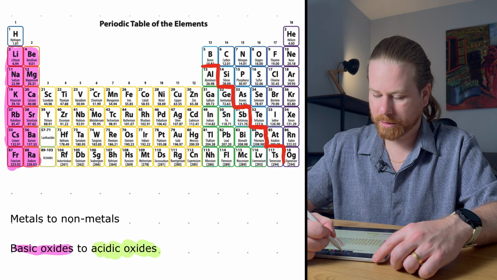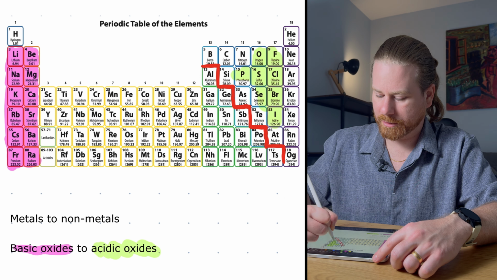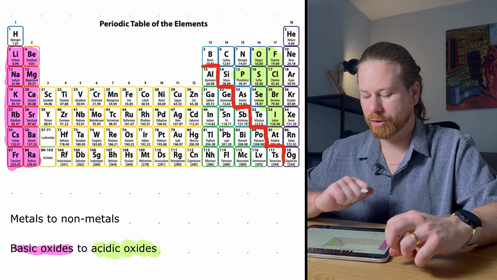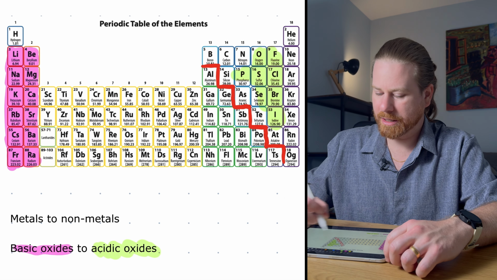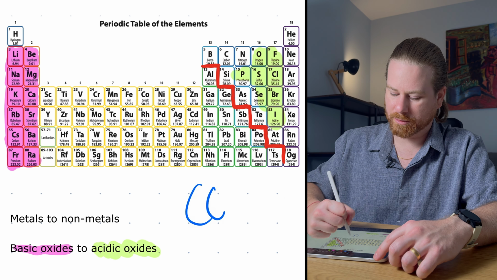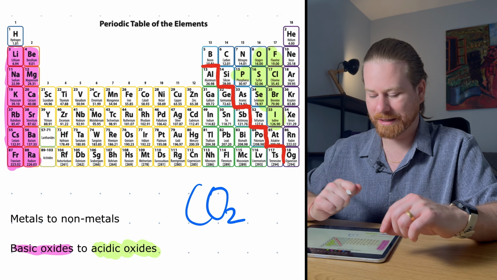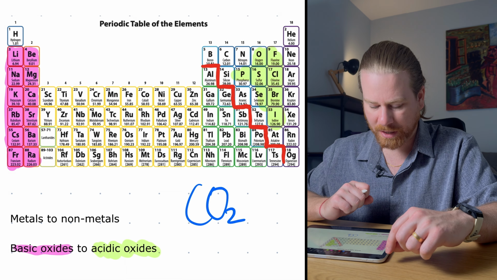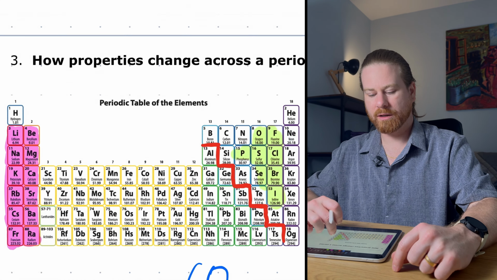Let's try again. It's not a huge number of them, but the non-metals, when they are with oxygen, they are acidic. So carbon dioxide, when carbon dioxide dissolves in water, it makes a slightly acidic solution. Okay, but more on that in a future topic.